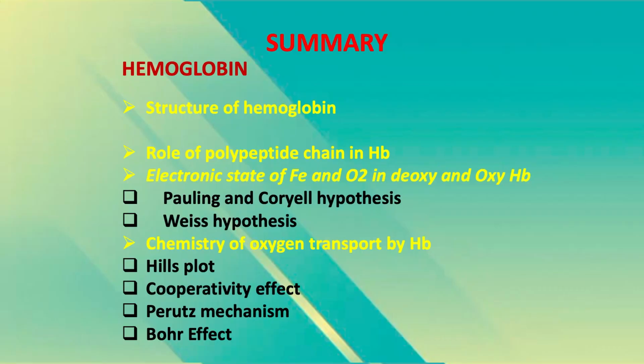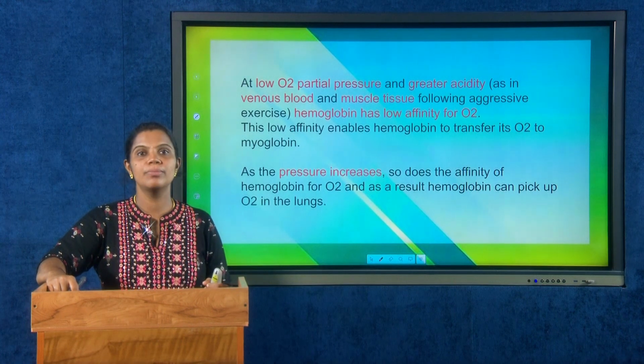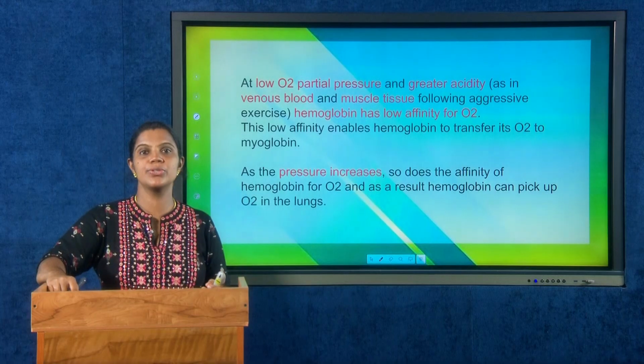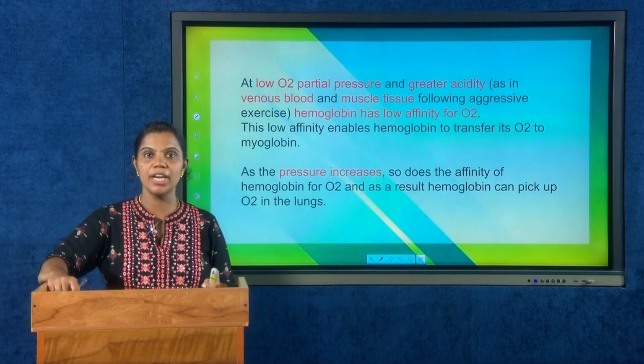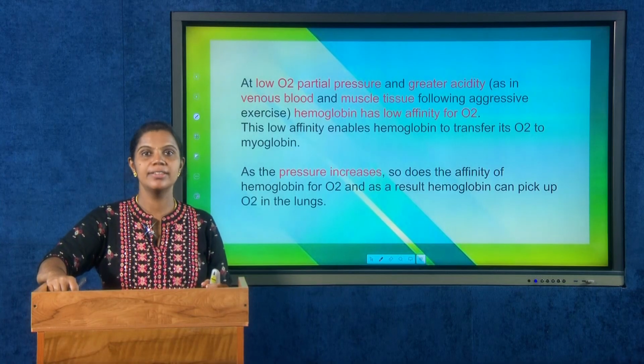In this module, we have learned about the structure of hemoglobin and the mechanism of oxygen transport in hemoglobin, particularly the cooperative effect, the Bohr effect, and the Perutz mechanism. I hope you have benefited from this lecture and you have understood the role of hemoglobin in oxygen transport in the human body.